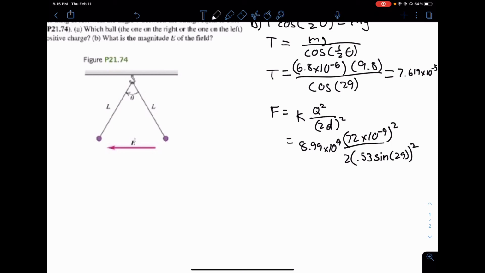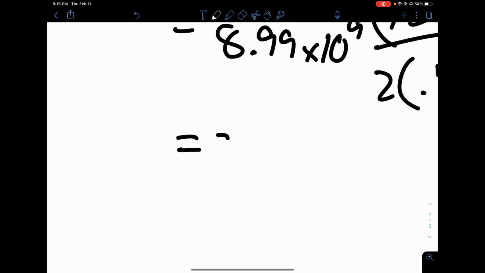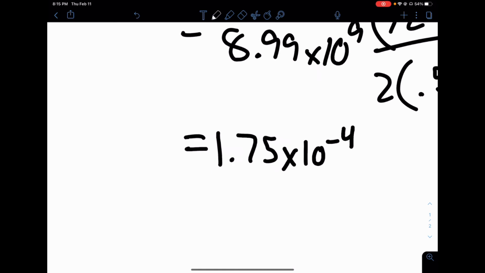By multiplying that all out, we get a value of, not 2.32, sorry, it would be 1.75 times 10 to the minus 4.